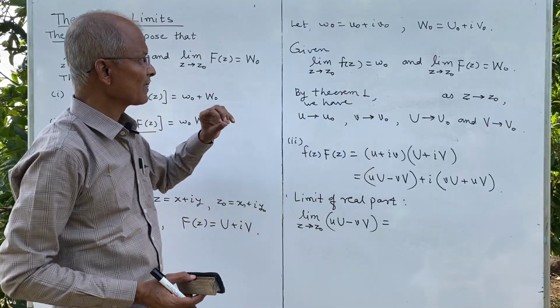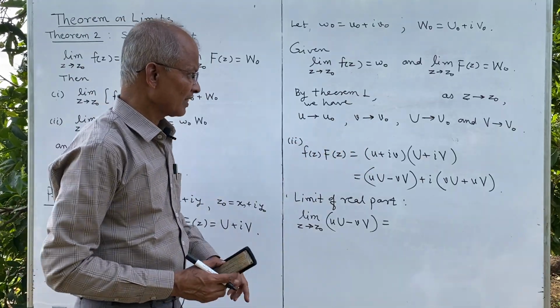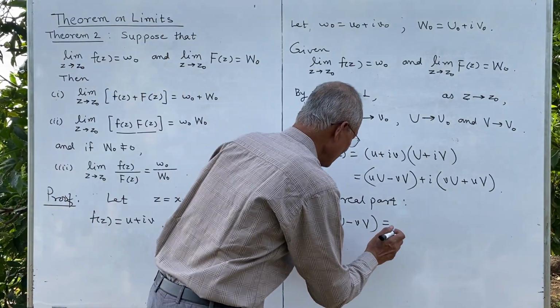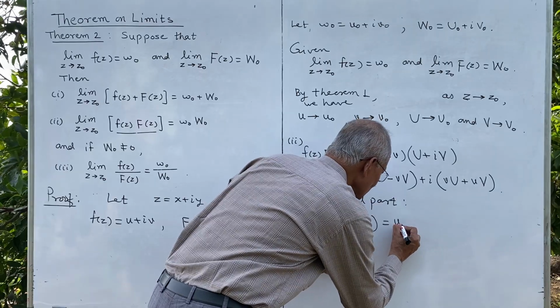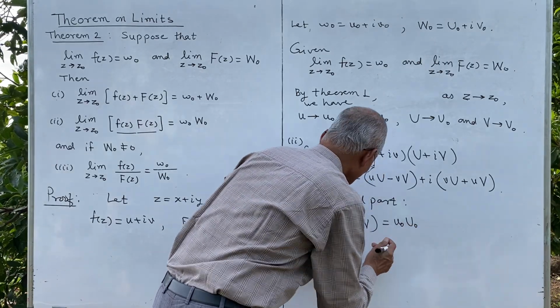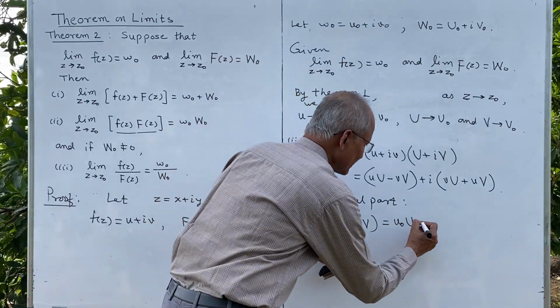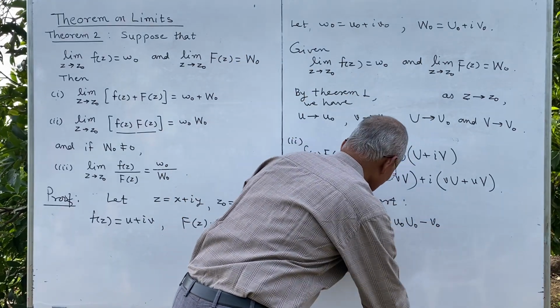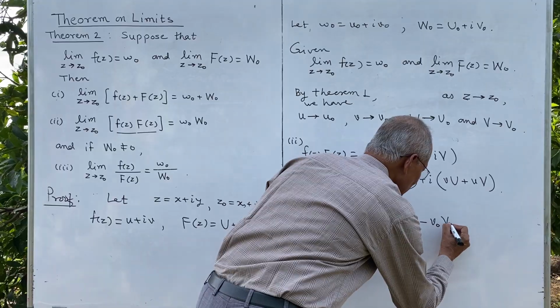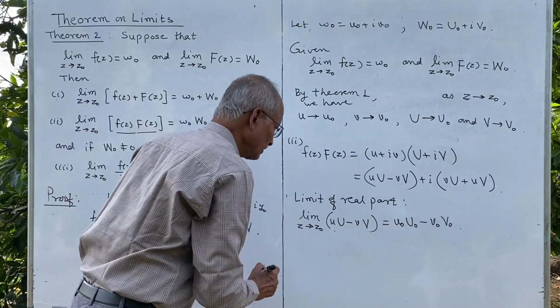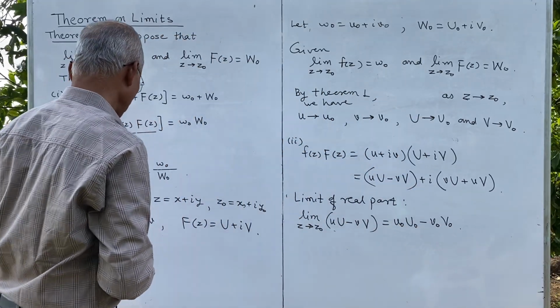This is theorem 1. v approaches v naught, etc. So therefore u into capital U will approach u naught capital U naught, minus v into capital V will approach this point.